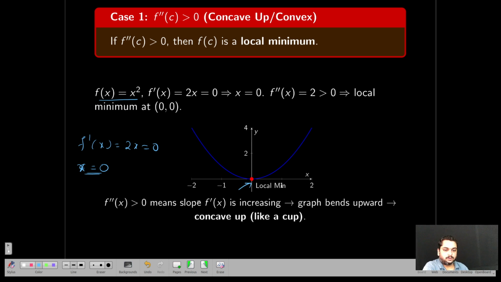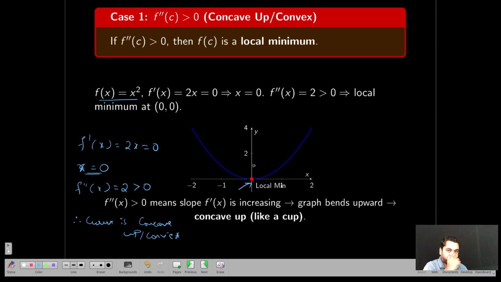F double dash of x will be equal to 2, and 2 is greater than 0. Therefore, the curve is concave up, also called convex. This is how the curve looks.